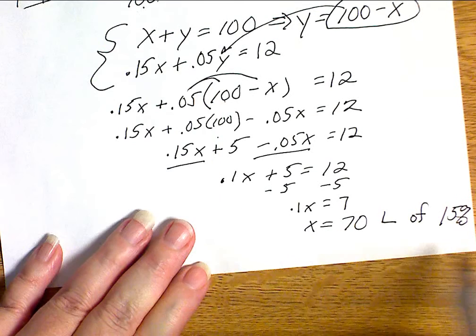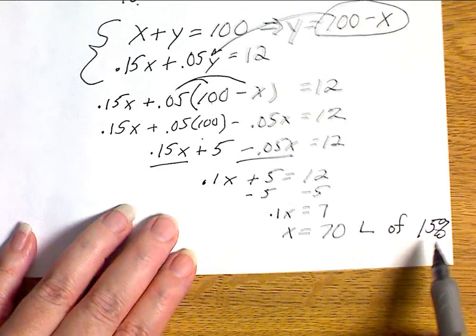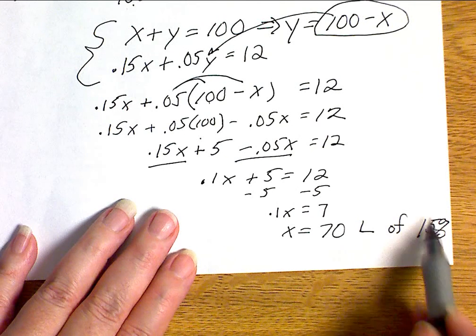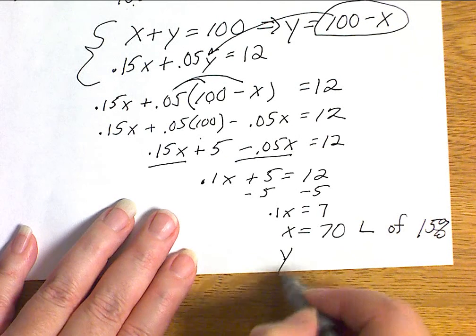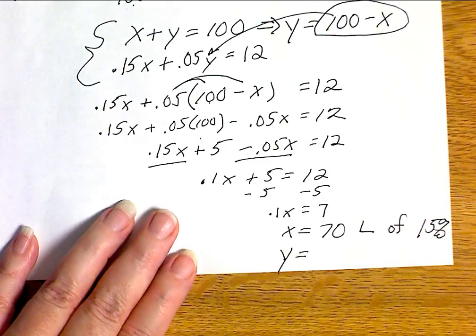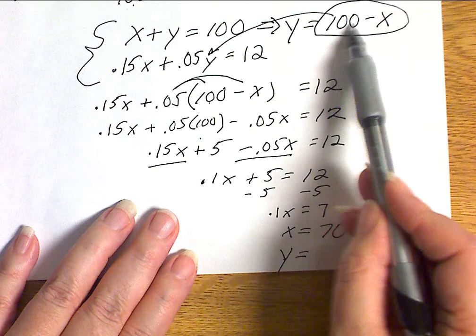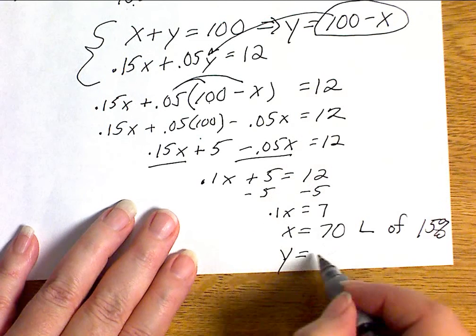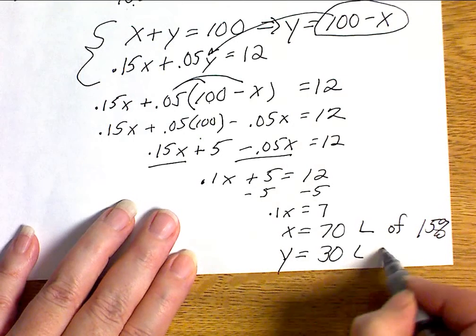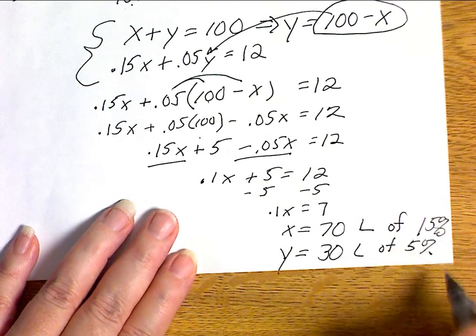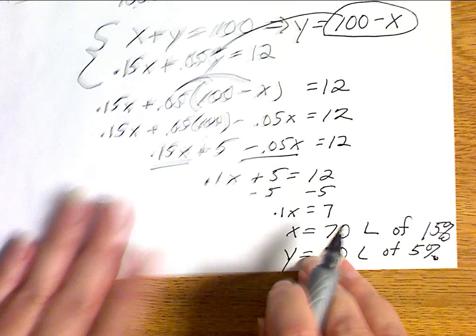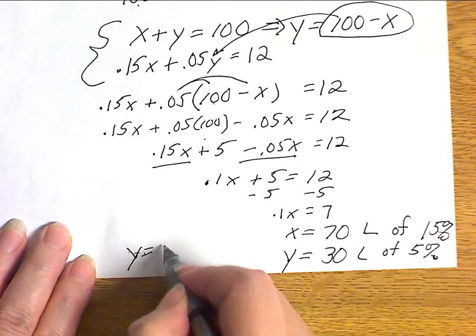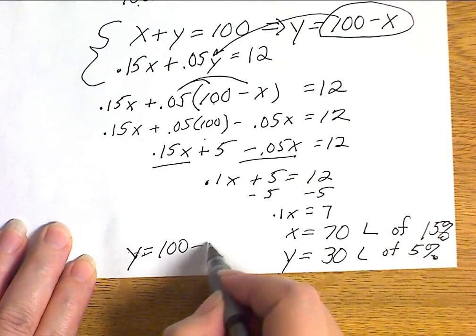So you want to make sure you come back with the original number, so of 15% solution. And y, how much is y? 30. And how did you get that? I put 70 in for x, so 100 minus 70 gives me 30 liters of 5%. And this one again was y is equal to 100 minus x, which is 70.